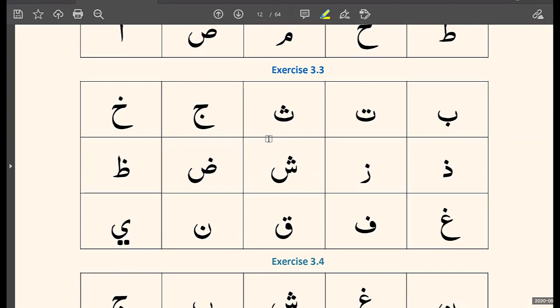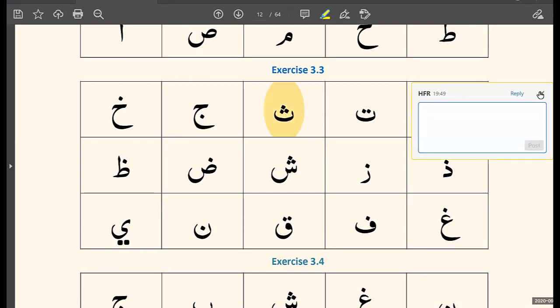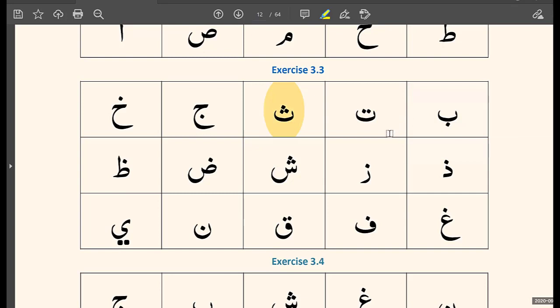Is it the middle one? No, it's not. Okay, another guess. I mentioned it multiple times today in the class. Okay, remember this kha. Kha is always a thick letter, with a full mouth. Okay, good.